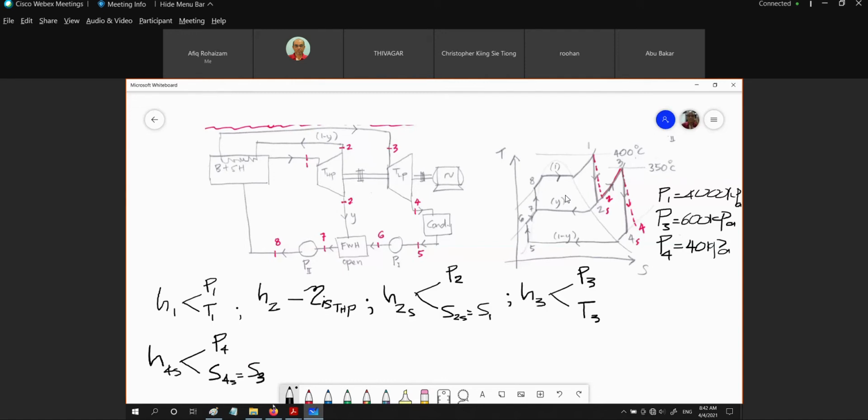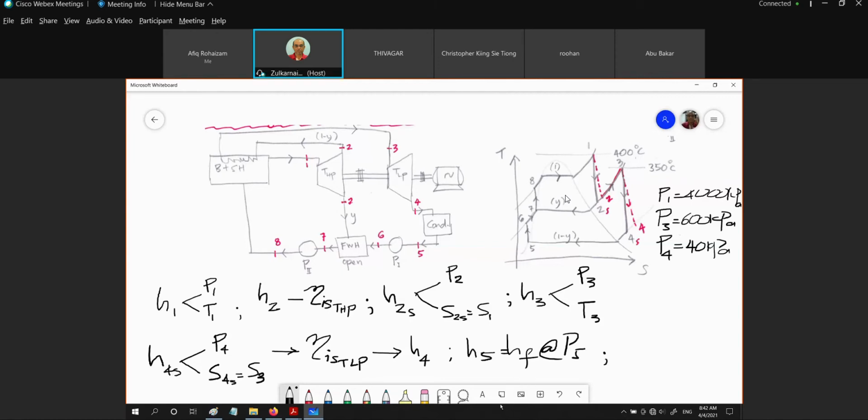So from here, we are using the isentropic efficiency for the low pressure turbine, the equation of this. Then from here, we will get H4. And then how to get H5? H5 is equal to the HF at P5, the condenser pressure.